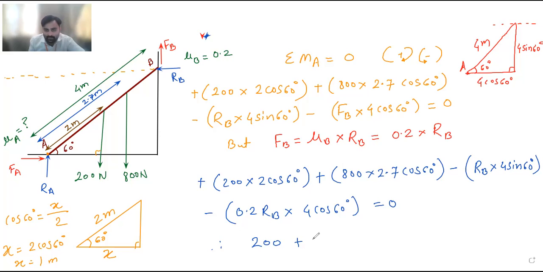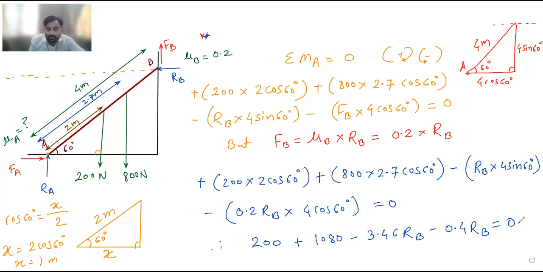It is 1080, minus 4 sin 60. 4 sin 60 is 3.46, so minus 3.46 RB. Then again minus 4 cos 60 into 0.2, minus 0.4 RB, which is equal to 0.